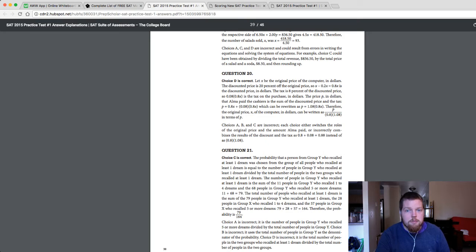Alright, let's let X be the original price, so they do that. The discounted price is 20% off the original price. Okay, so that's where I went wrong in writing my equation. X minus 0.2x is 0.8x, the discounted price in dollars.